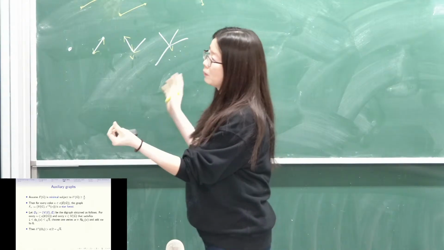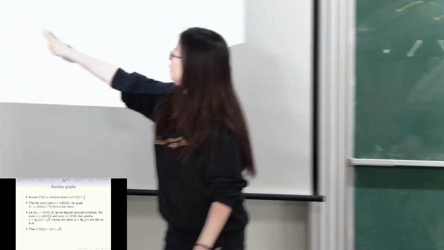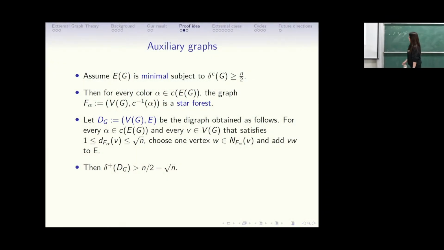More precisely, if it's at least square root of n, then I'm not going to draw any outgoing edge in color alpha at V. I just save this color alpha as a candidate of C of V.